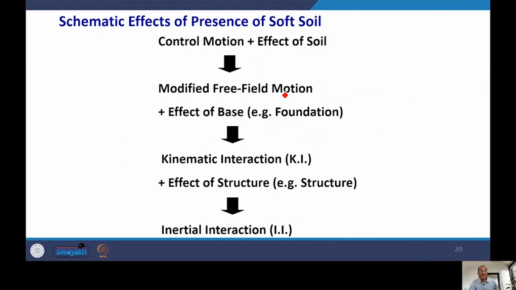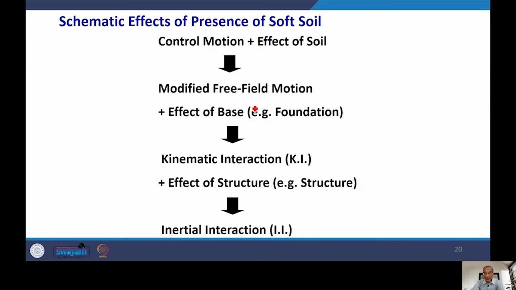Then let's summarize the seismic effects of the presence of soft soil, which cause the SSI. What you call the control motion at the control point could be the point A on the surface, or it could be on the top of some half space. So when this control motion is subjected to the effect of soil, you get the modified free field motion.